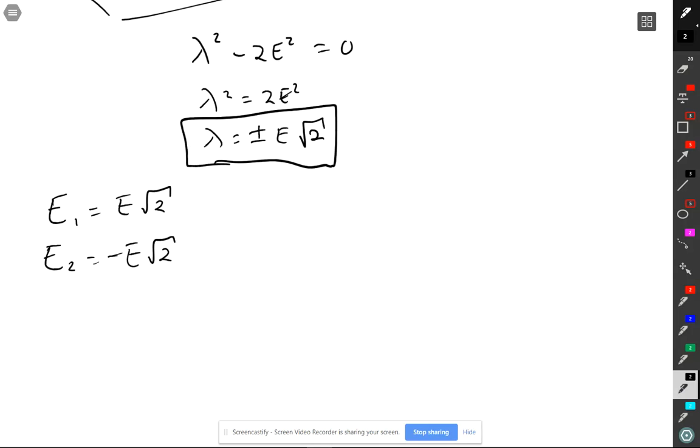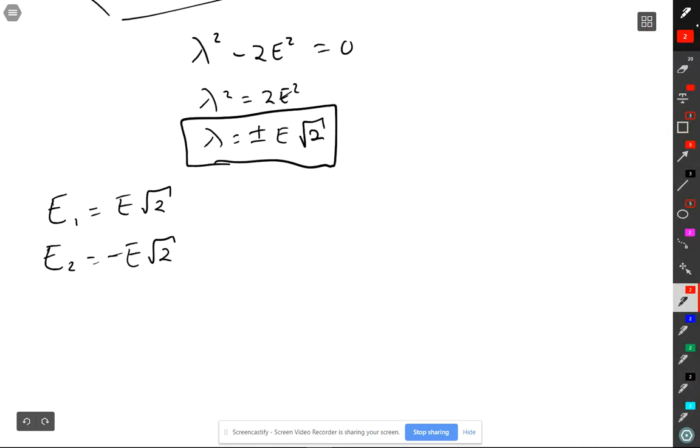Now, the question is, what are the eigenstates that go along with this? Use the other formula to plug in the eigenvalues. Actually, it's not the other. It's the same formula.